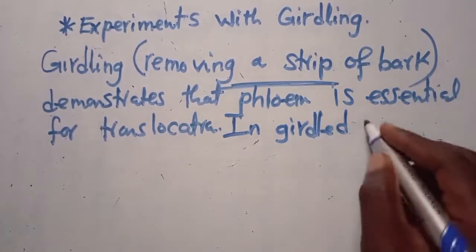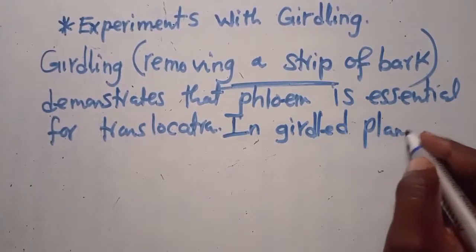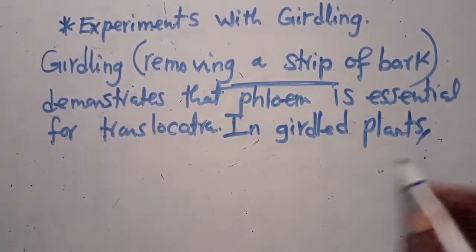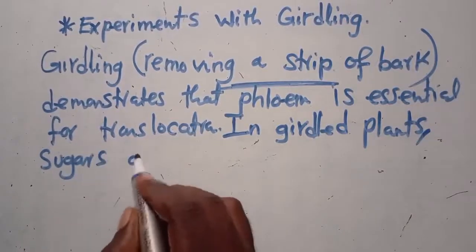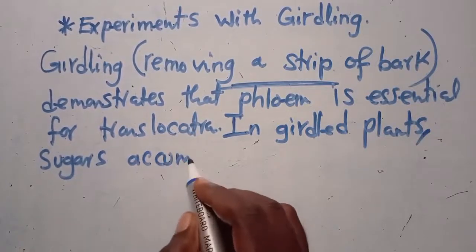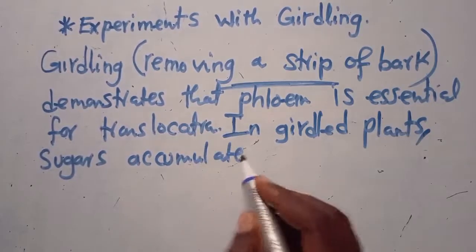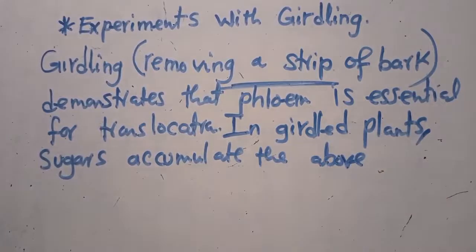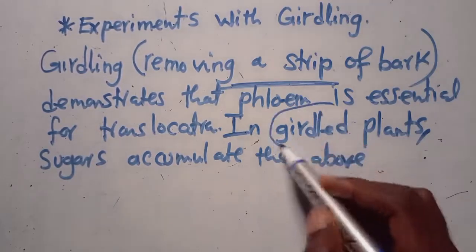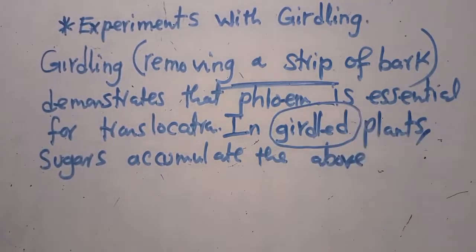You discover that in girdled plants, sugars get to accumulate. They accumulate where? Above the cut. When you cut that plant, in those plants that are being cut, above there you are going to find some sugars.